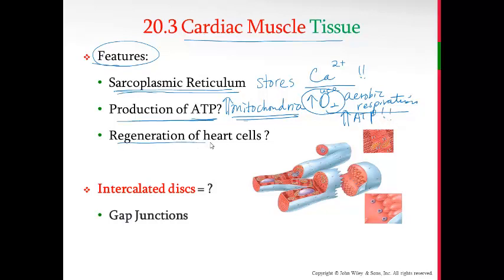Now, regeneration of heart cells. Right now, or before, we don't really readily see regeneration of heart cells. It's because sometimes the stem cells are not very activated, and they also don't undergo mitosis. But there have been studies where you have a male patient and you receive a heart from a female donor.